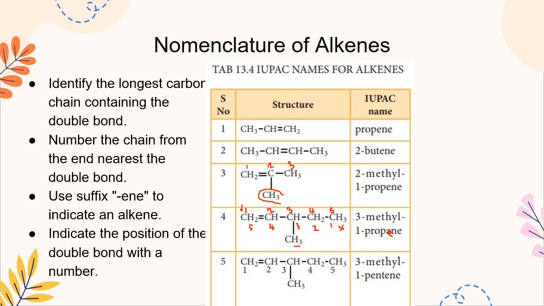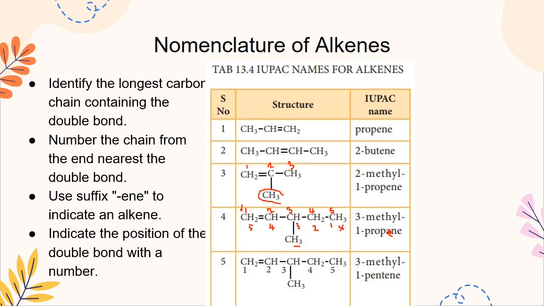But this numbering here is correct, because this double bond is closer to this point. That follows the rule that says number the chain from the end nearest the double bond. So now we can name the compound.